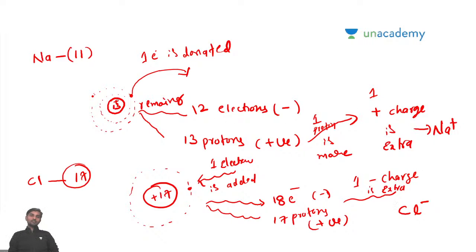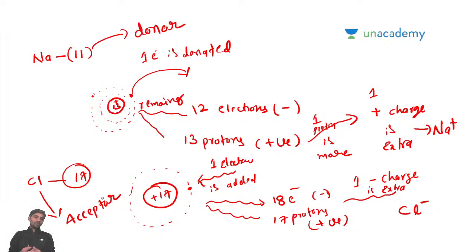The atom which donates an electron is called a donor, and the atom which accepts an electron is called an acceptor.